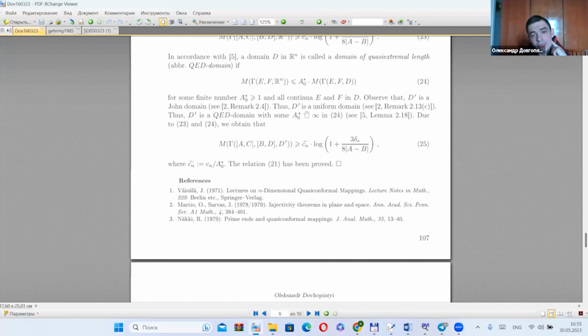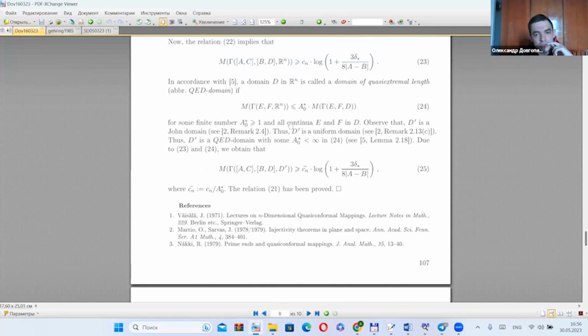Thus, D prime is a uniform domain, because a convex John domain is uniform. And using some other material, we can observe that this domain is a domain of quasi-extremal length, because a uniform domain is a domain of quasi-extremal length.